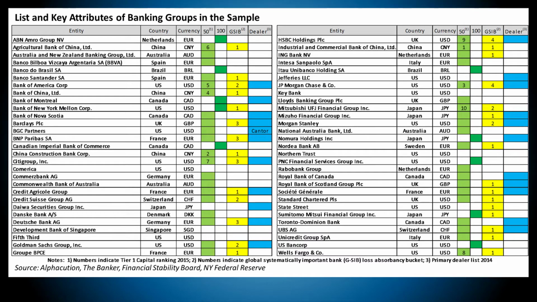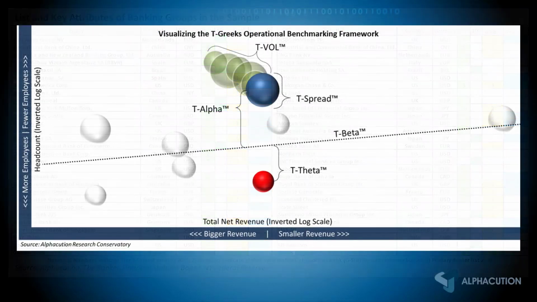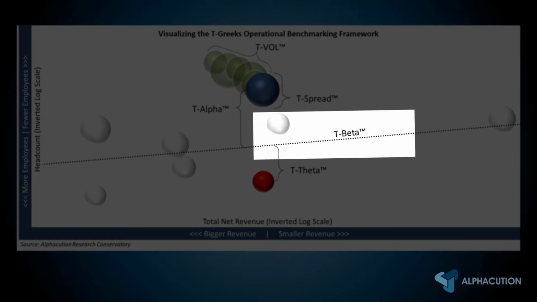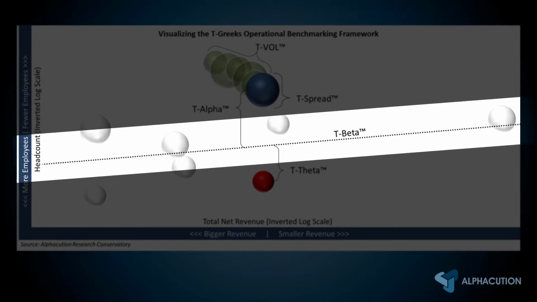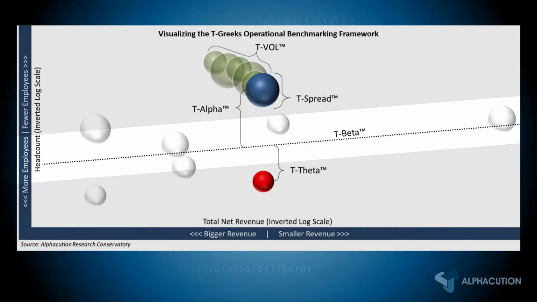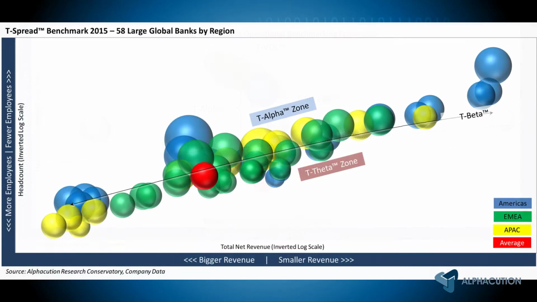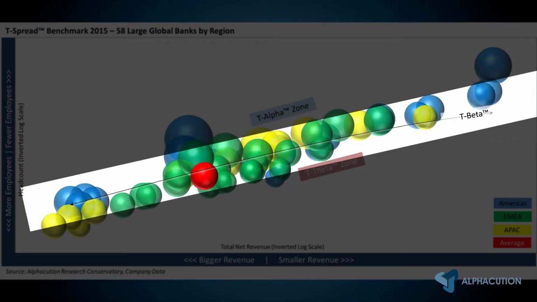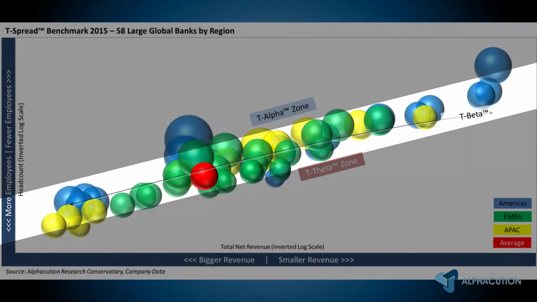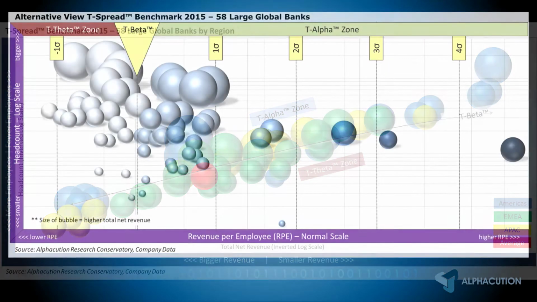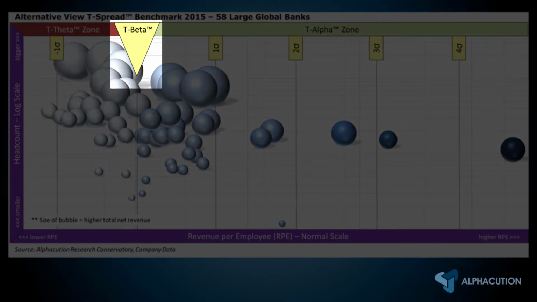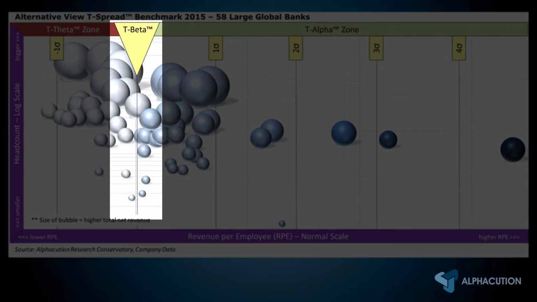And we create a scatter plot of that data. And the best fit line, which is automatically produced by your Excel spreadsheet, is the T-beta benchmark. This is the consensus of that community for each point of scale along the spectrum of the sample that we've modeled. So that's the second analytic, T-beta.